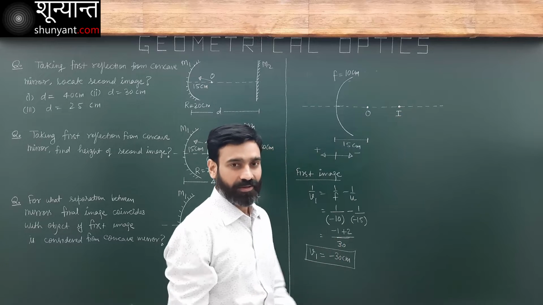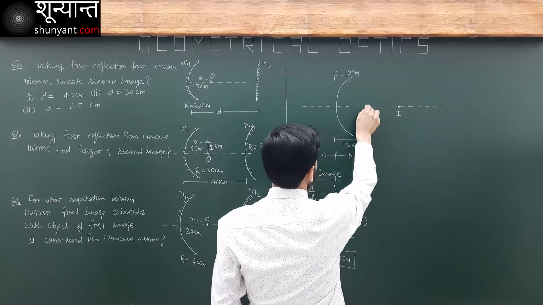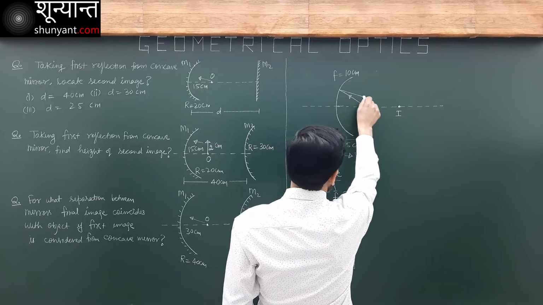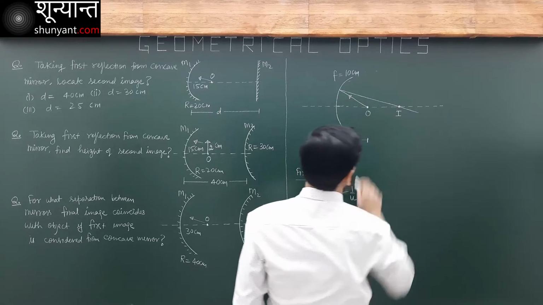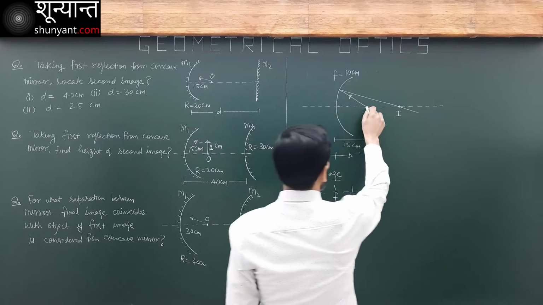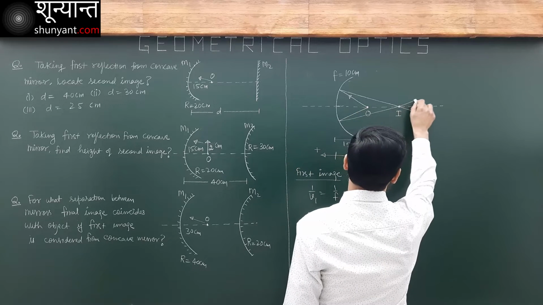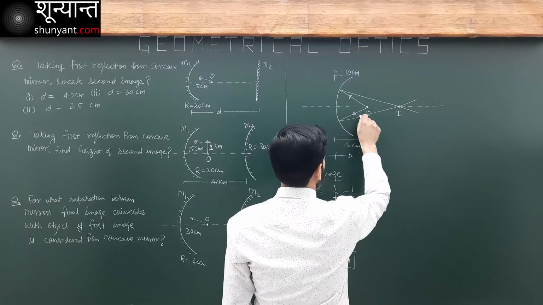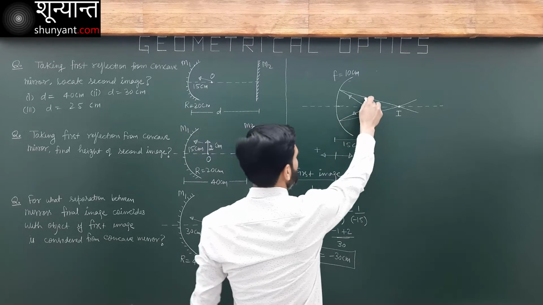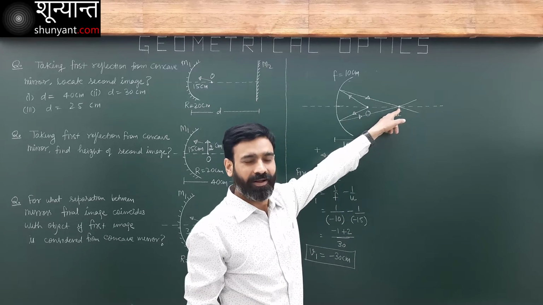What it means is, if I draw the ray diagram, it is going to look like this. If I take any light ray, after reflection it is going to meet here. Similarly, one more light ray also meets here, and they make one image. Now, these two reflected light rays meet at this point.